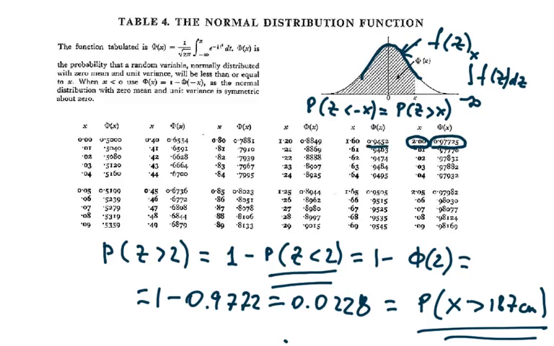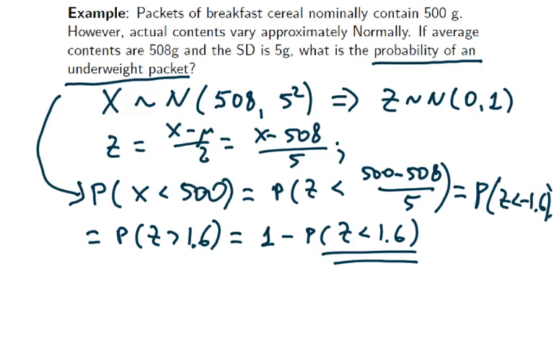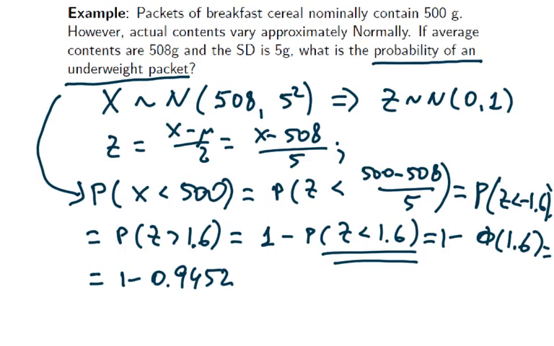This one. So this equals to 1 minus value for 1.6 from the table. This is 1 minus 0.9452. It's what we found in the table, and this equals to 0.0548.